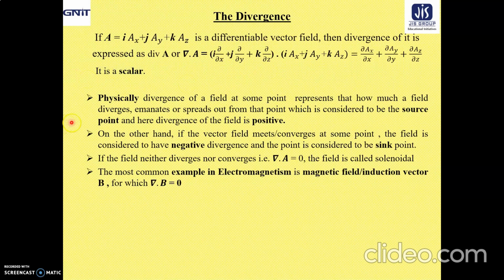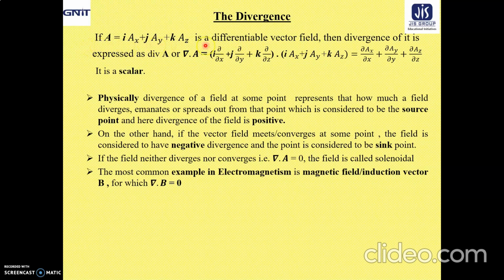For divergence, in place of a scalar field, we consider a vector field, A equal to i Ax plus j Ay plus k Az, which is a differentiable vector field. That means it is defined at each and every point in a certain region of space, and at the same time it is differentiable there.